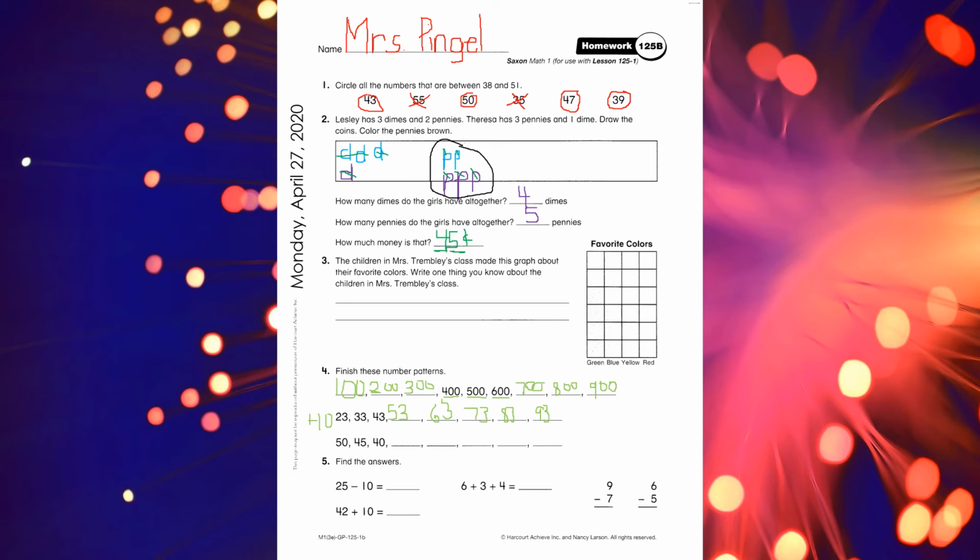The last number pattern says 50, 45, 40. I know the number pattern. Can you figure out the number pattern? It has to do with 5s. Do you think it's plus 5, where the numbers are getting greater, or minus 5, where the numbers are getting smaller?